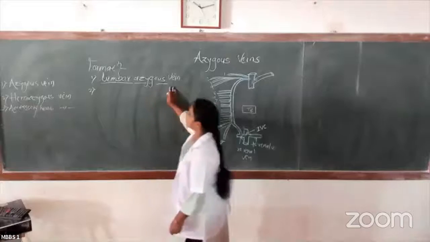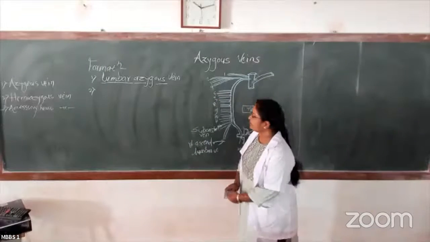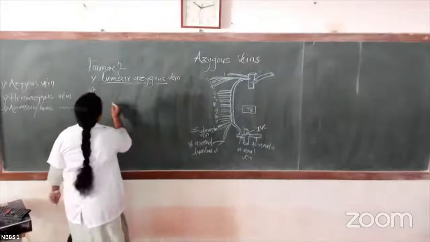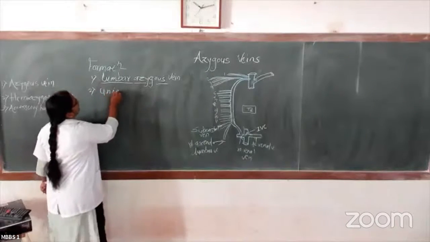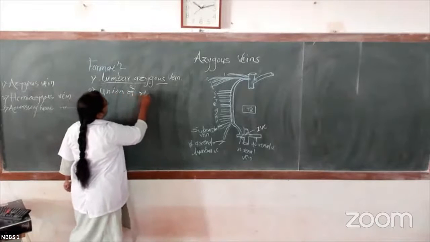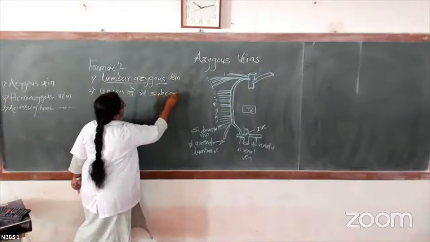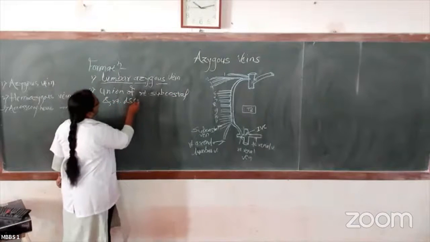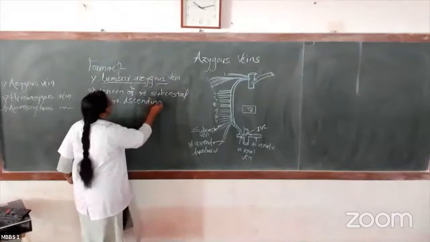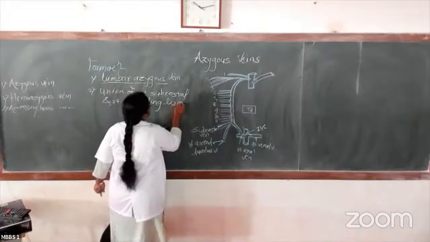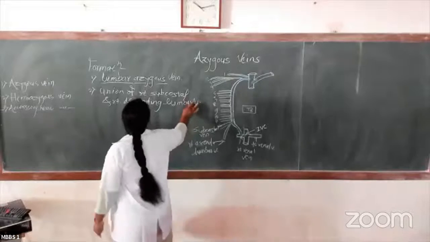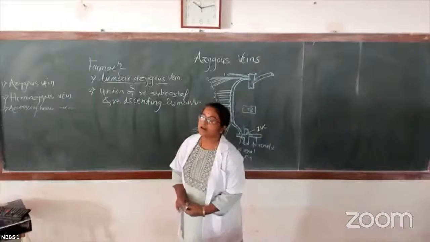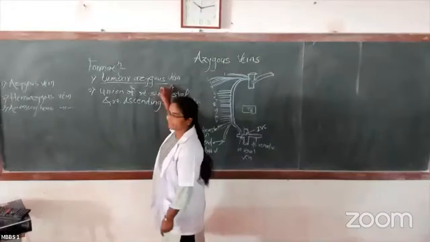When it does not arise as lumbar azygous, then the trunk formed by the union of the right subcostal vein and right ascending lumbar vein, this venous trunk, forms the commencement of this azygous vein.